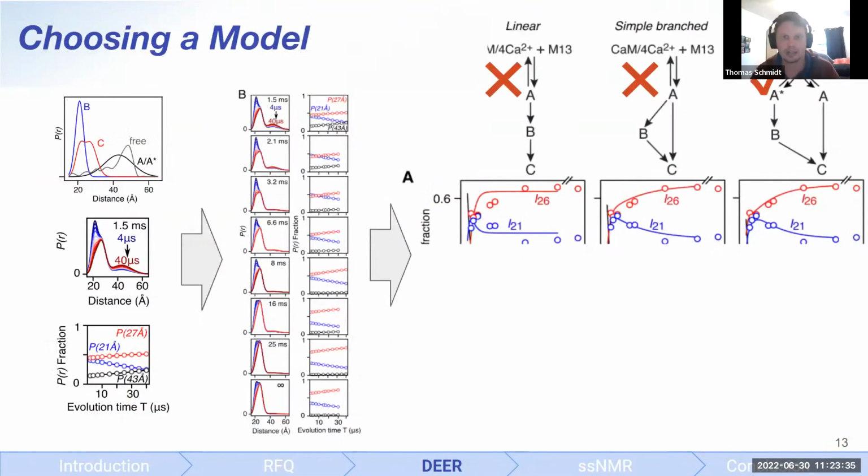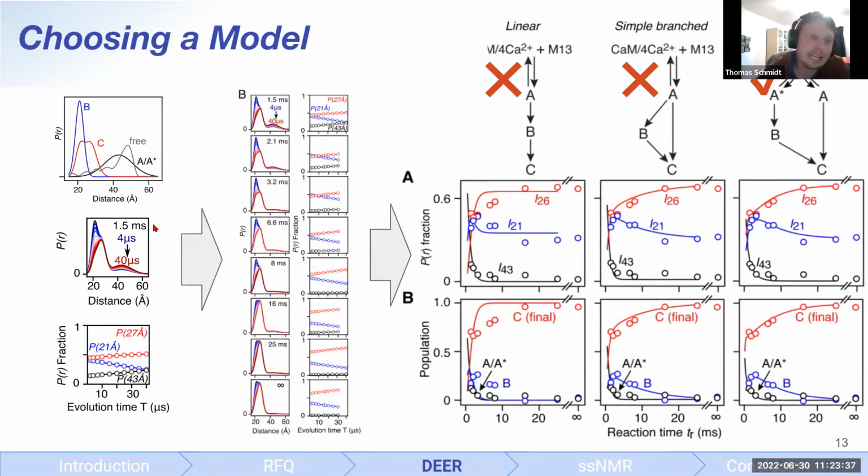Again, we have our different components present here. We can take some time point, in this case 1.5 millisecond reaction time, and use the T2 dimension. Again, you see the decay of the short distance, whereby other ones decay differently. And now we can fit it to our T2 models.